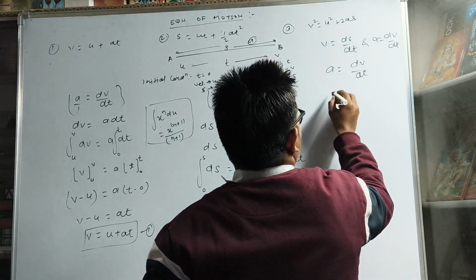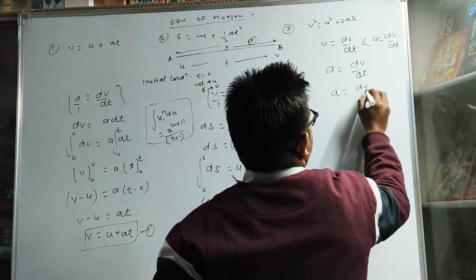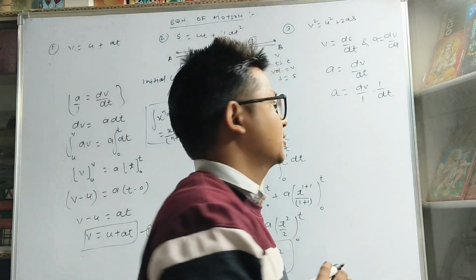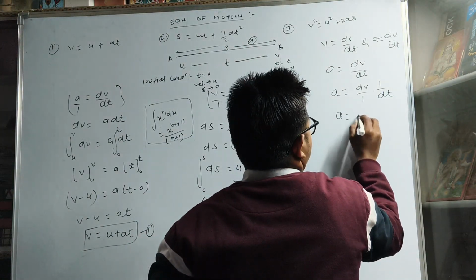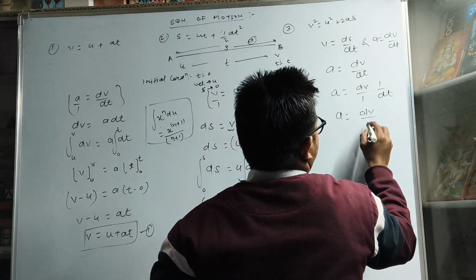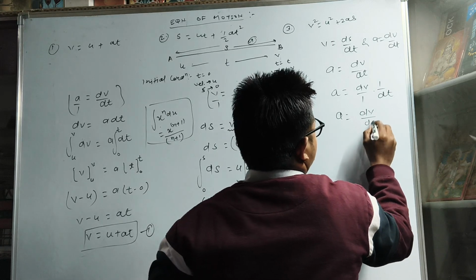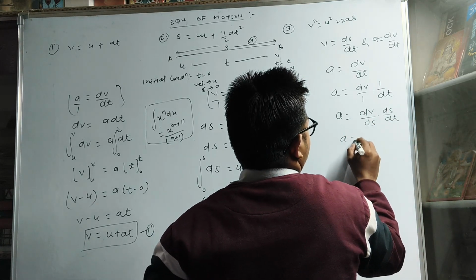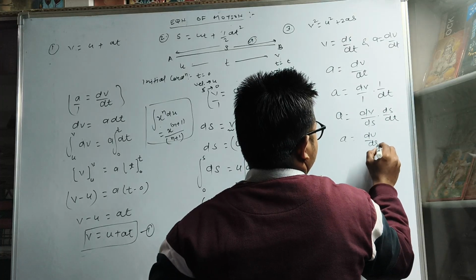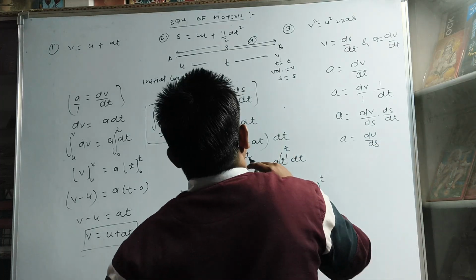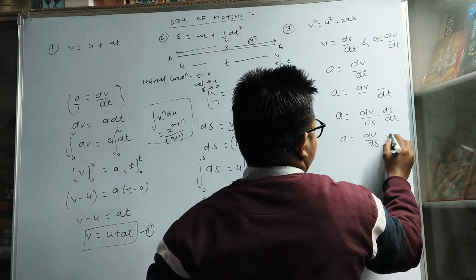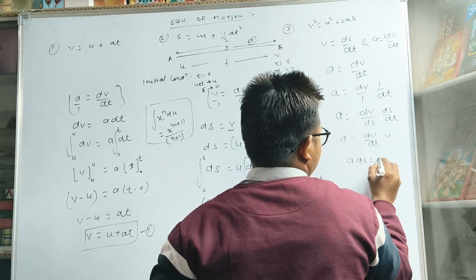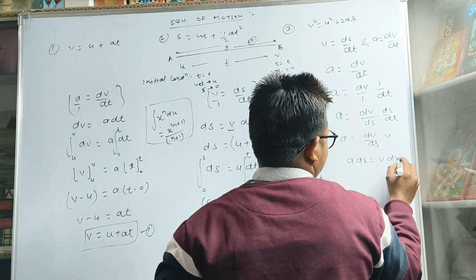You can write dv by 1 into 1 by dt, and after that, the 1 can be replaced by multiplying and dividing by ds, giving ds by dt. So a equals dv by ds times ds by dt, and ds by dt equals v. So we can write here v. Now multiplying, a ds equals v dv.